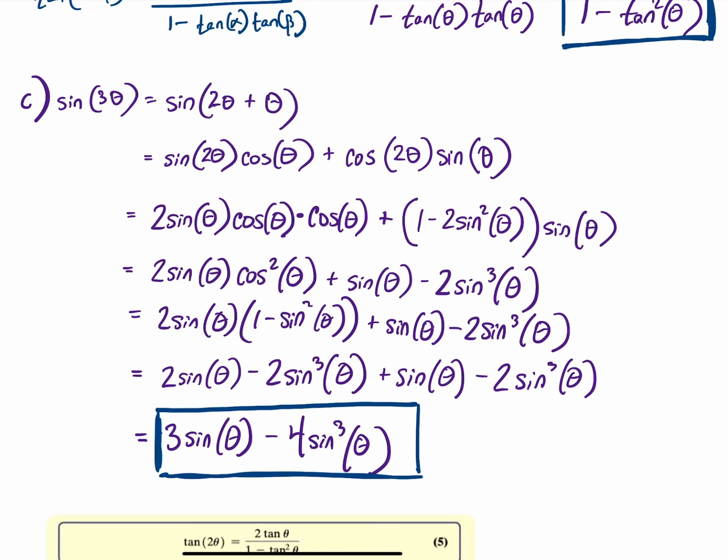So this just goes to show that there are many different identities that we can apply and we can express things in different ways as well. But again, for this one, it's really about just applying our double angle and addition identities all together in order to create an expression.